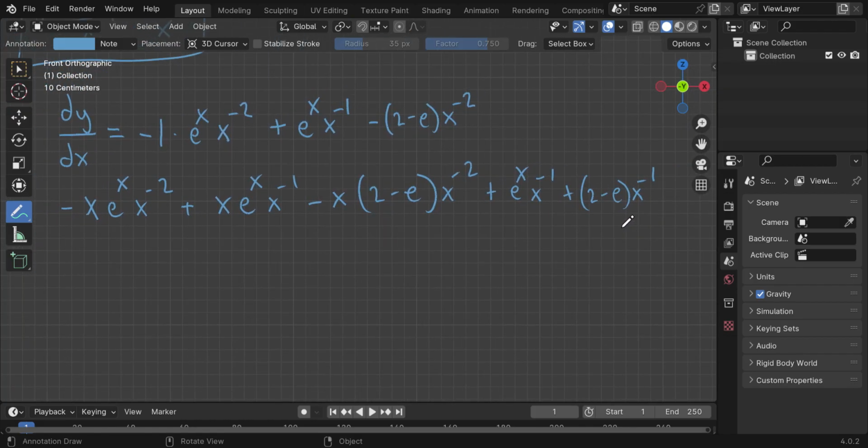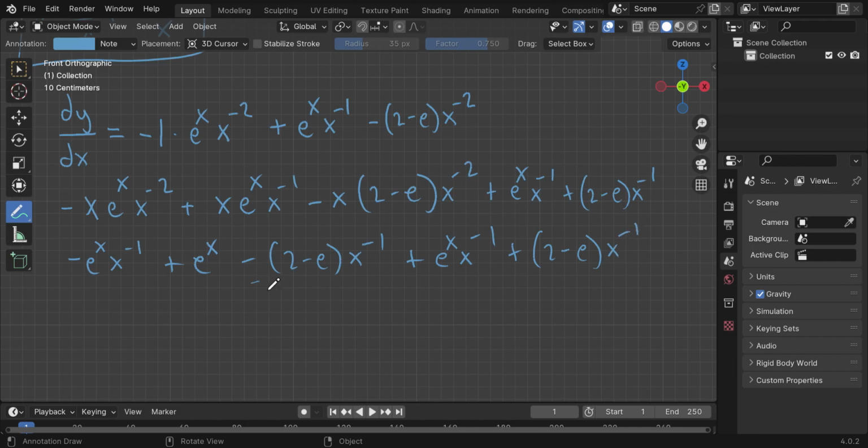So that's a lot, but what you end up seeing is e to the x, x to the negative 1, plus e to the x, minus 2 minus e times x to the negative 1, plus e to the x, x to the negative 1, plus 2 minus e times x to the negative 1.